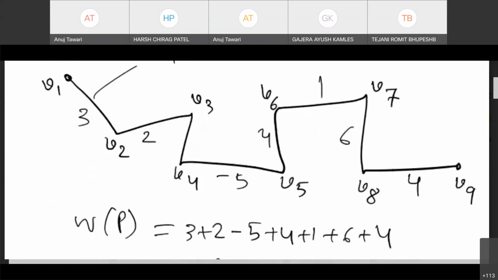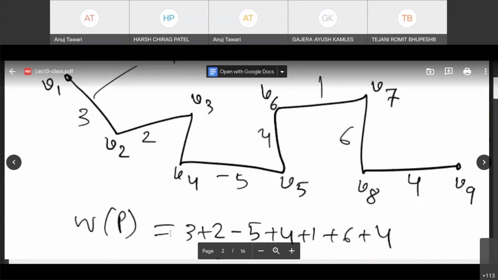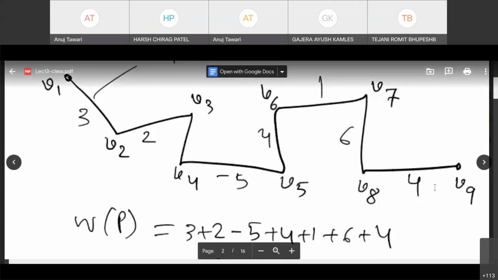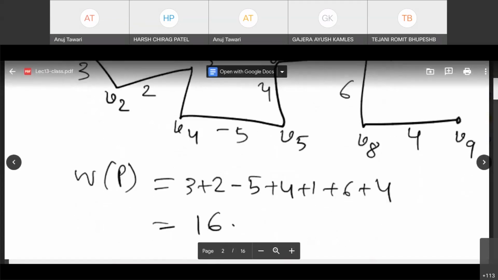If there is no edge weight like this, we just assume this weight to be 0. So what is the weight of this path? We just add up all these things: 3 plus 2 plus 0 plus minus 5 plus 4 plus 1 plus 6 plus 4. It works out to be 16.